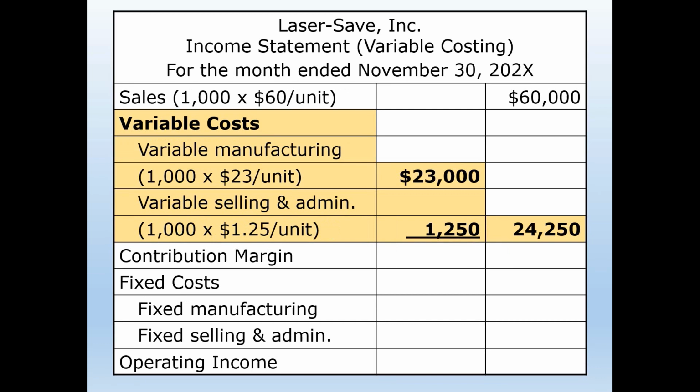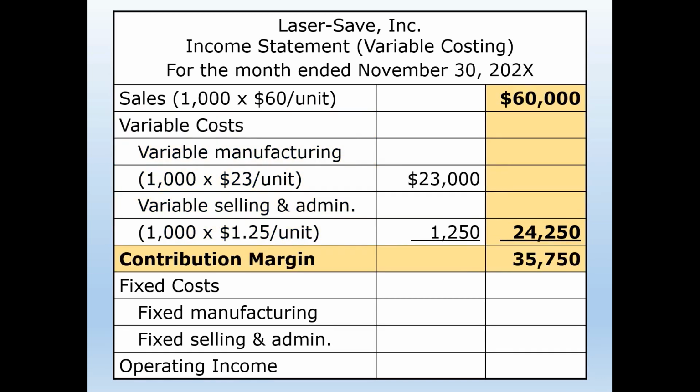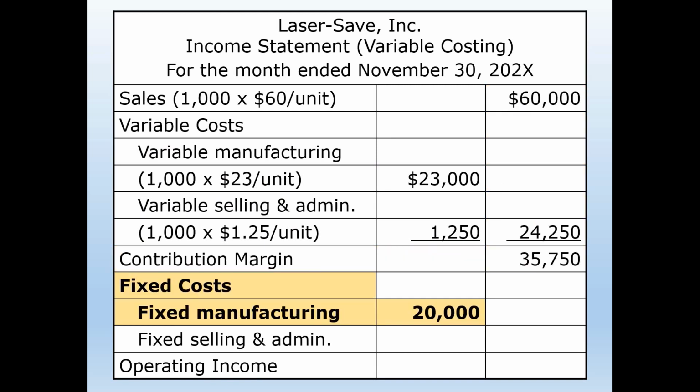Add up the variable costs, subtract the variable costs from sales revenue, and that gives us contribution margin. Now we have to identify the fixed costs. Fixed manufacturing is $20,000.